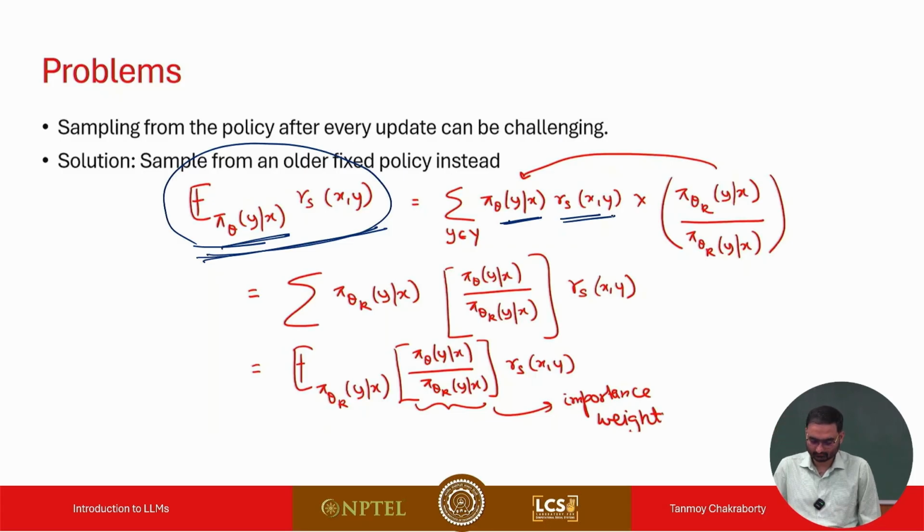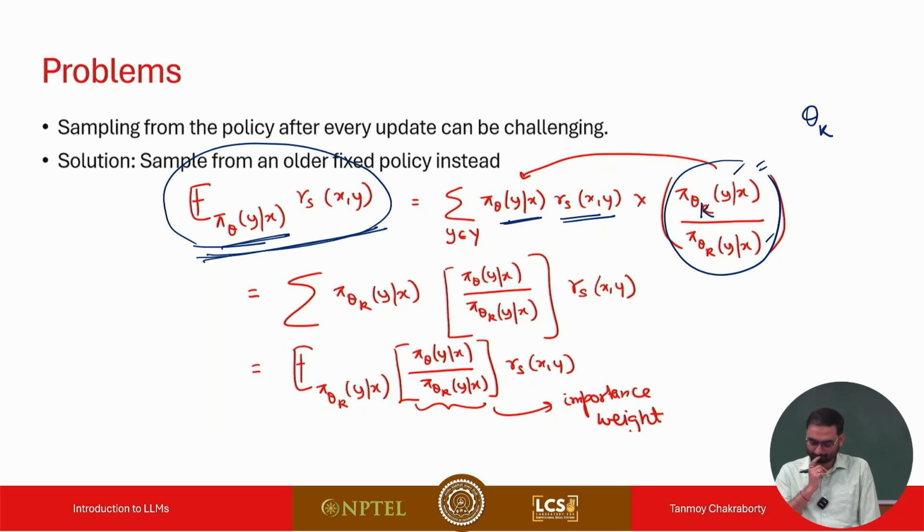What I will do is use an old model, which is theta k. Theta k is the old model. So I will add a term here, the old model over the old model, and essentially this will cancel out.